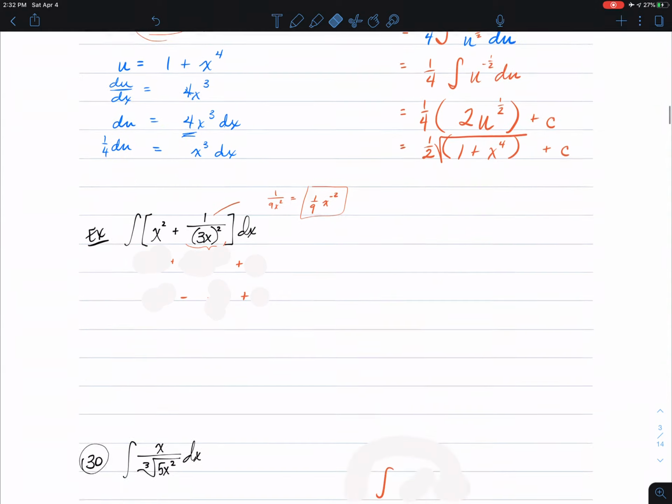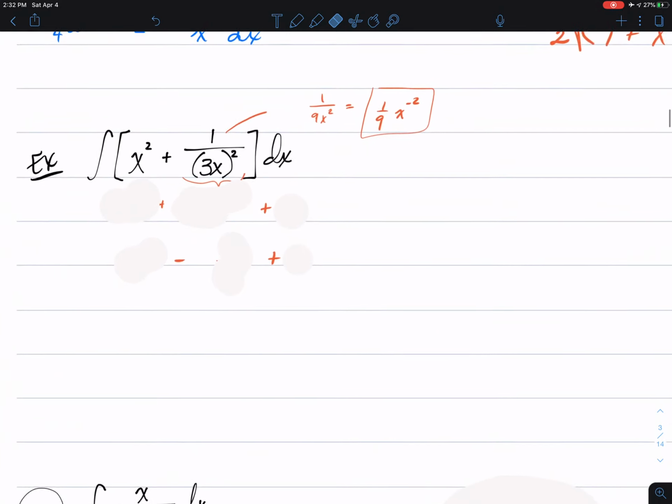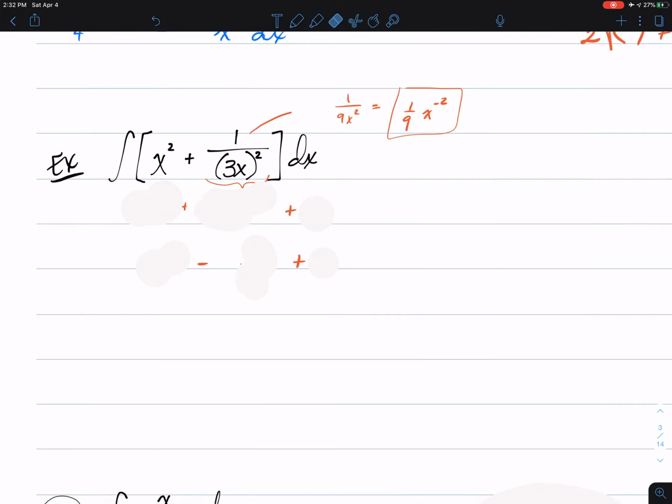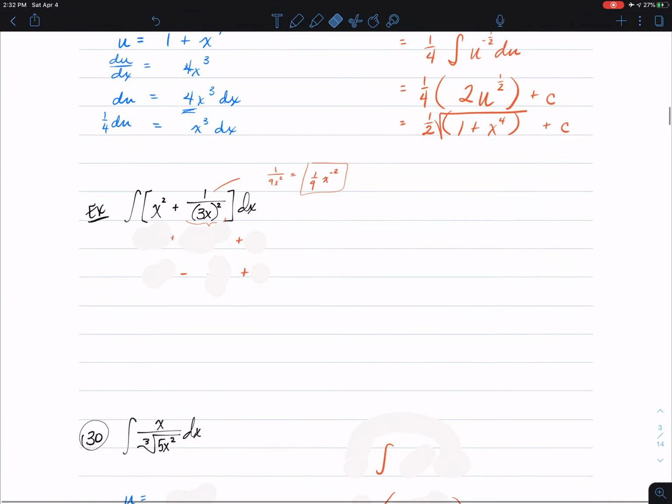For the next example, before I do anything, this is already in two terms, so I can look at these separately. But that second term is the same thing as 1/9x to the 2nd power. And so I'm going to leave the 1/9 alone, but the x squared I'm going to move to the top to make it an x to the negative 2nd power. There's actually no substituting to do in this particular question.